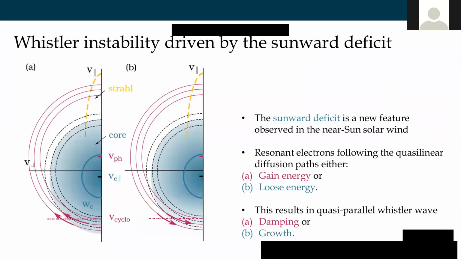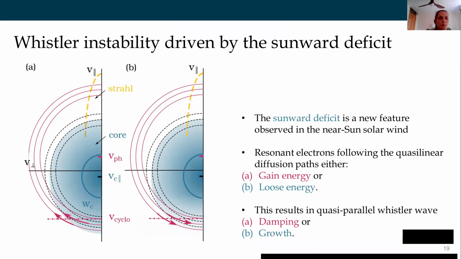Here I made a schematic of this instability. We can see the core electrons in blue, the strahl in yellow. If we imagine that we have some Whistler waves propagating parallel to the magnetic field in the direction of the strahl electrons, then the resonant electrons will lie on the opposite side, close to the cyclotron velocity of this Whistler wave.